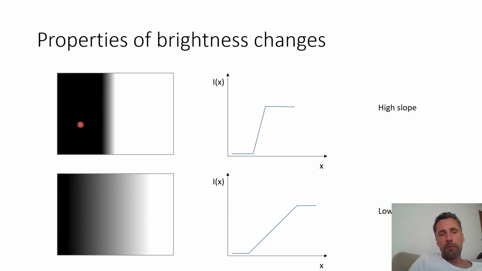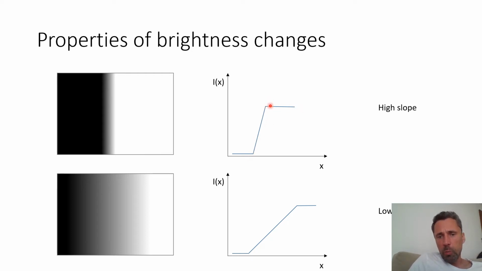We have a gradient from black to white, so from dark to light. And if we just extract one row of this image and look at the brightness over this position X, we see that there's a plateau of black, and then it gradually becomes lighter, and then there's a plateau of white.